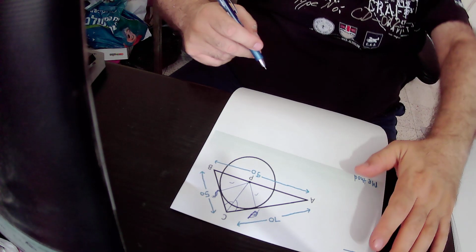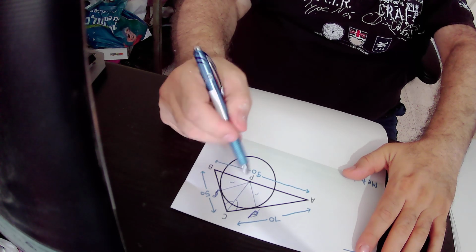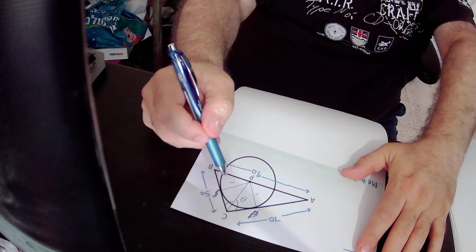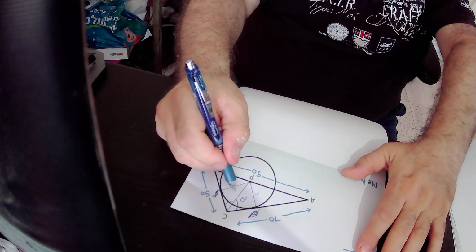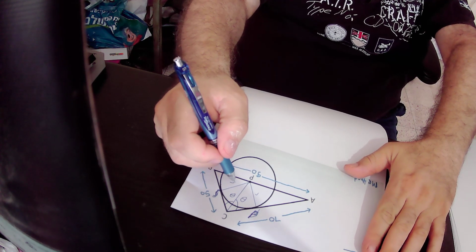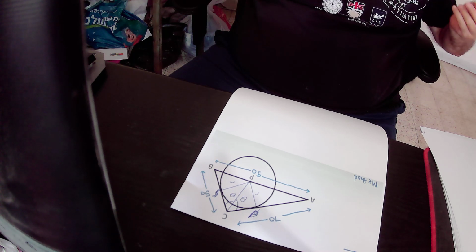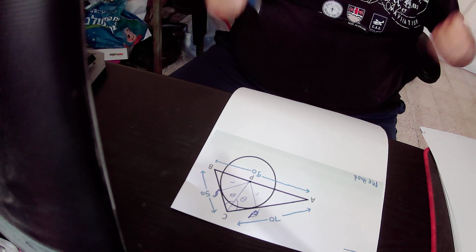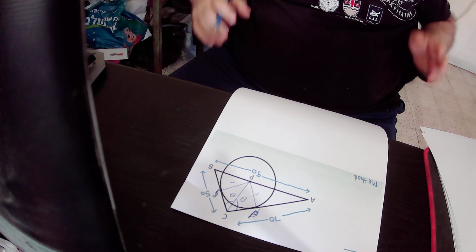So if we call angle DCP theta, then angle PCS also will be theta, because corresponding angles in congruent triangles are equal to each other.